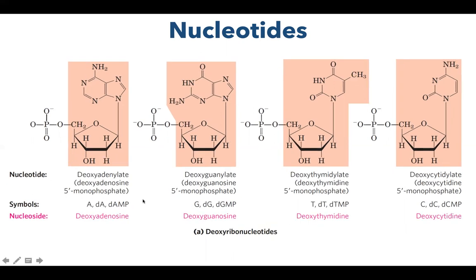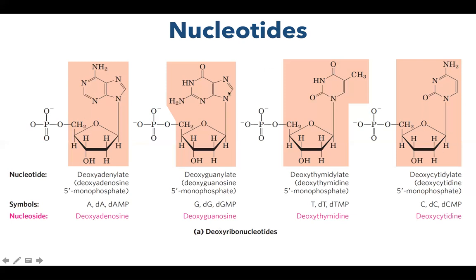So let's have a rundown of the names. We have deoxyadenylate or deoxyadenosine 5' monophosphate, deoxyguanylate or deoxyguanosine 5' monophosphate, deoxythymidylate or deoxythymidine 5' monophosphate, and deoxycytidylate or deoxycytidine 5' monophosphate.